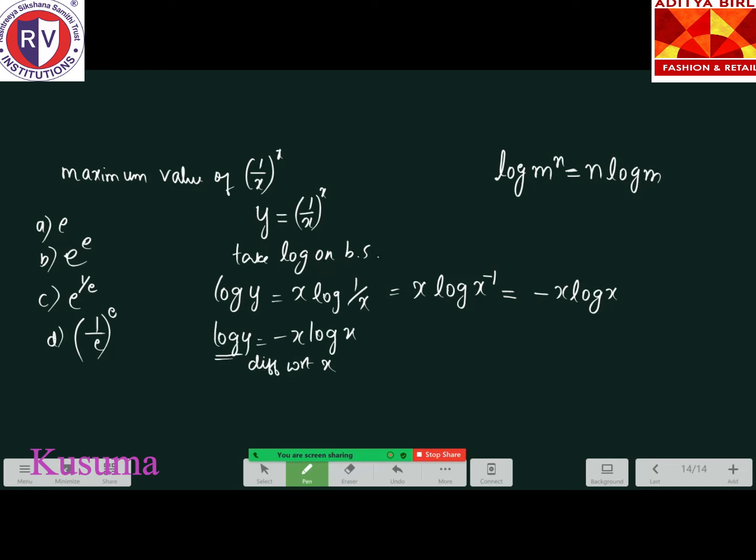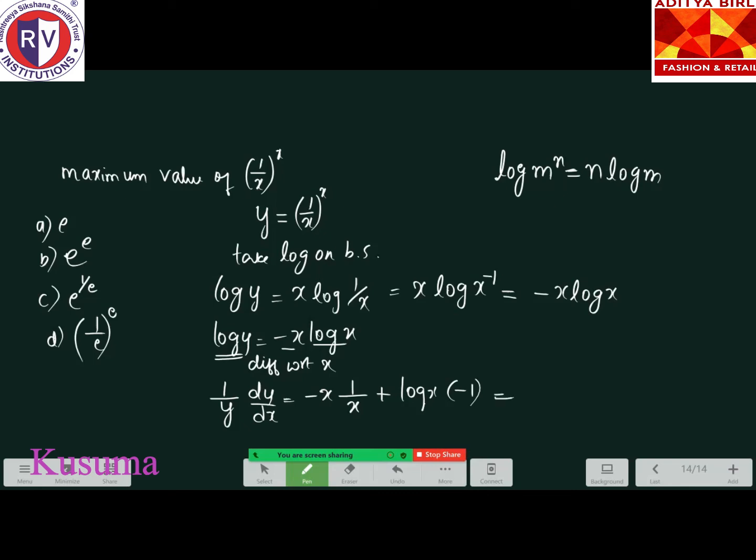So differentiation of log y will be 1 by y into dy by dx. So this is also a product of two functions. Let us make use of the product rule. I'll keep minus x as it is. Differentiation of log x is 1 by x, plus keeping this log x as it is, differentiation of minus x is minus 1.